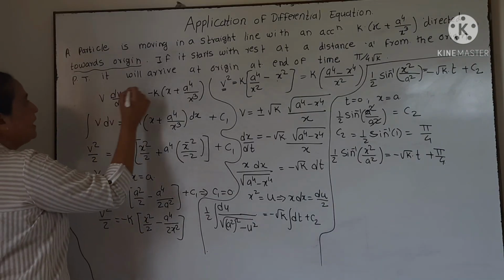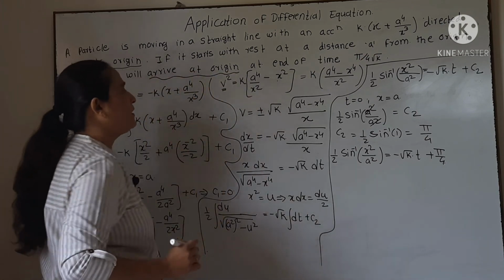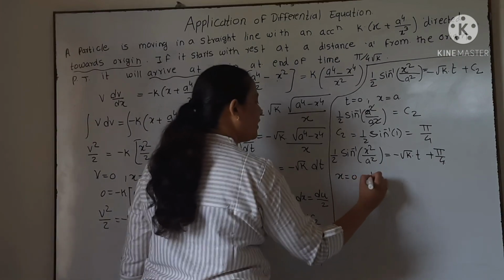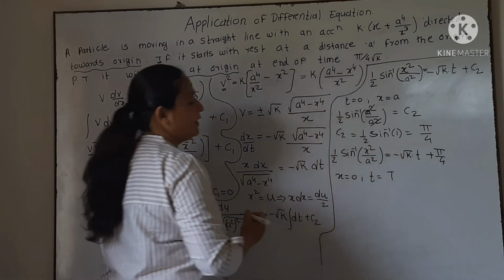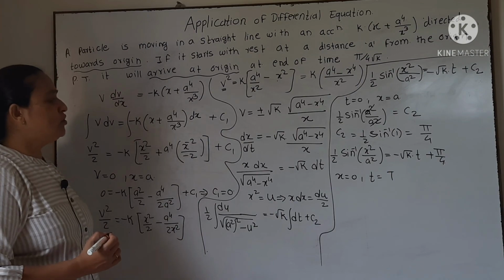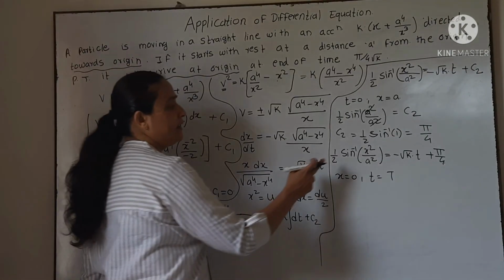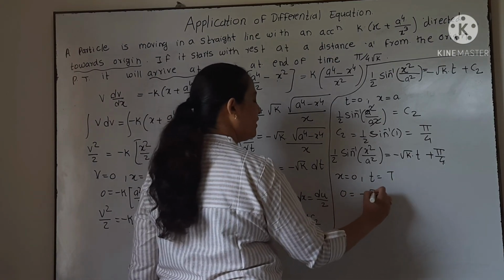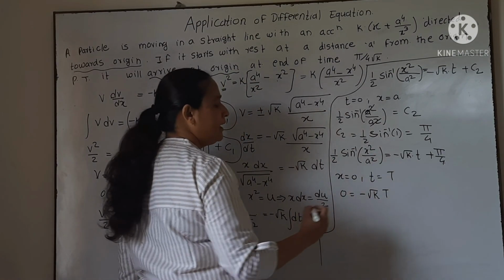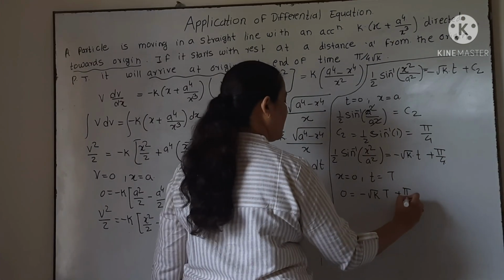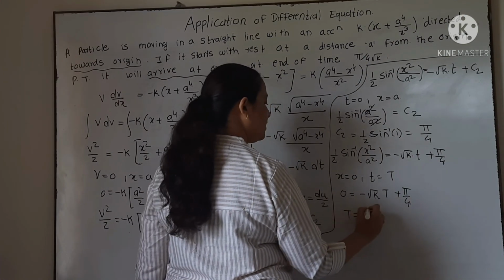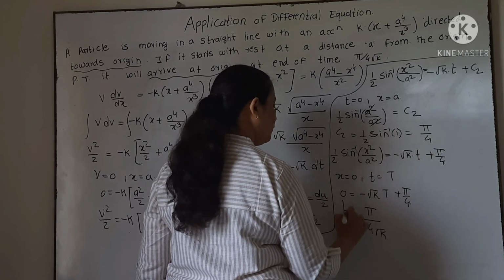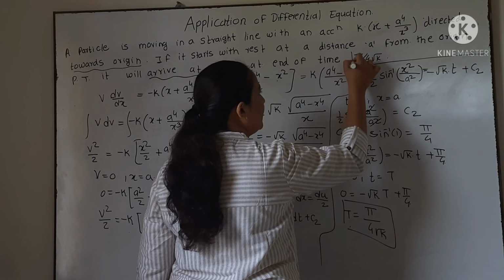When a particle arrives at origin, that means when the particle will be at origin, x is equal to 0, we want the time, say t is equal to capital T. So if I put x is equal to 0, t is equal to capital T, sine inverse of 0 is 0, so the left hand side is 0, minus root k, instead of t we have capital T, plus pi by 4. Therefore, capital T is equal to pi upon 4 root k. And that's what we wanted to show.